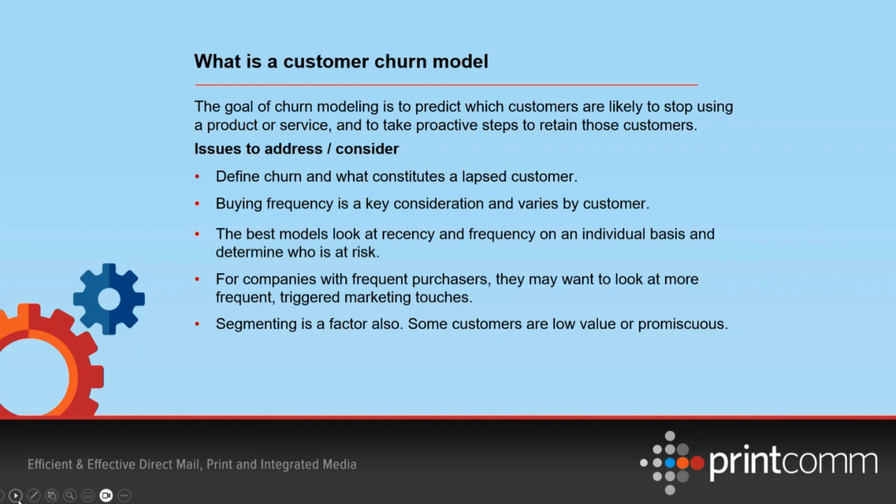Another thing that impacts this, and this is the fifth bullet point, is that segmenting is a factor also. Some customers are low value or promiscuous. This is a decision that every direct marketer needs to make: is this a segment worth marketing to? I've seen situations where companies were doing frees.